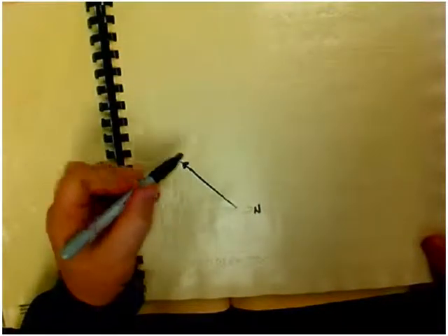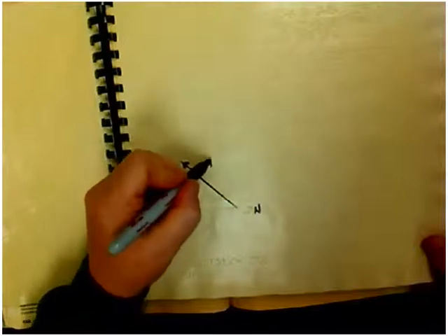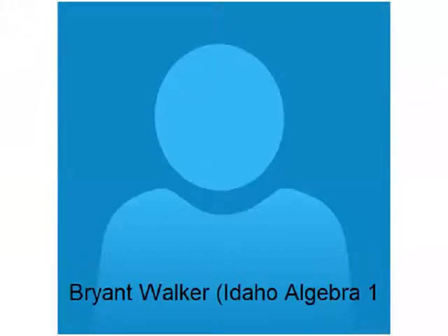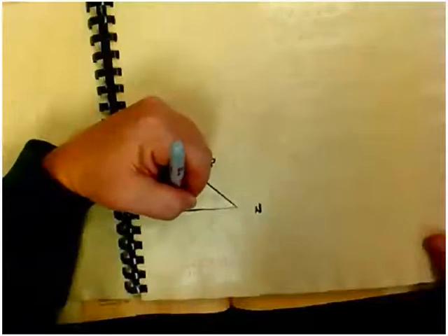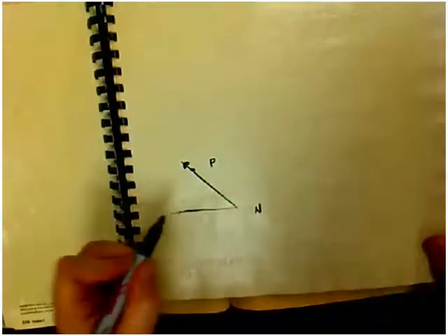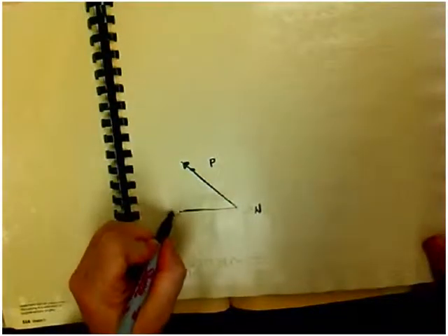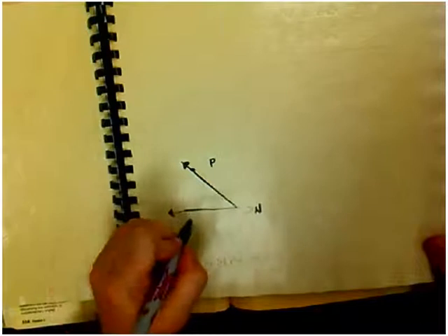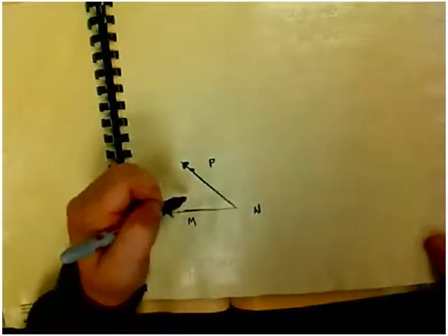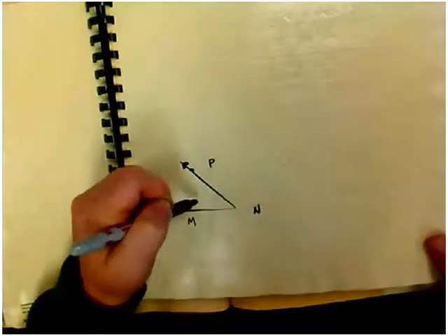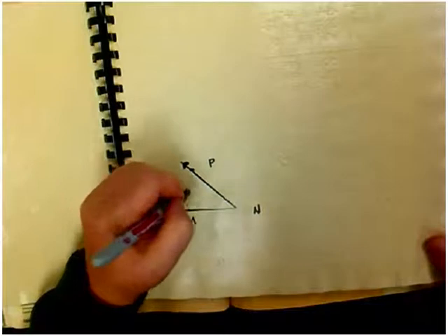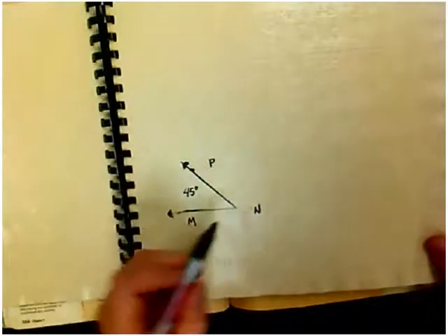All right, and it goes through point P. And then back to N, and we go immediately to the left through 9 o'clock, and we go through point M. All right, and how many degrees is that? 45 degrees. All right, we got one.